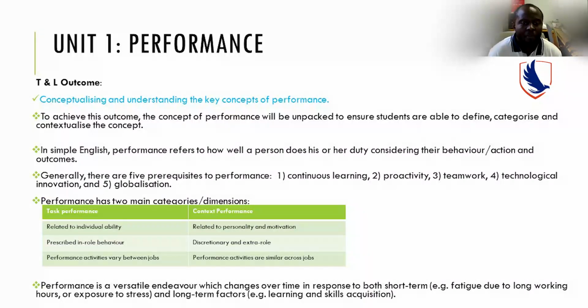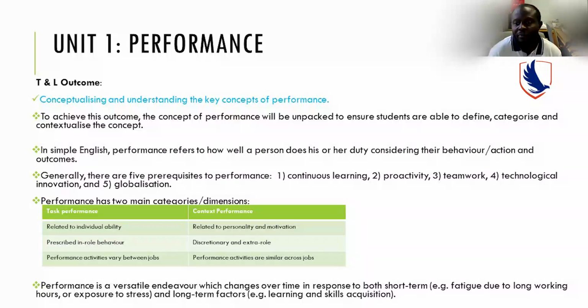Generally, in terms of the concept itself, there are 5 prerequisites to performance. So students should understand that for performance to be attained, there is a need for continuous learning, number 1.